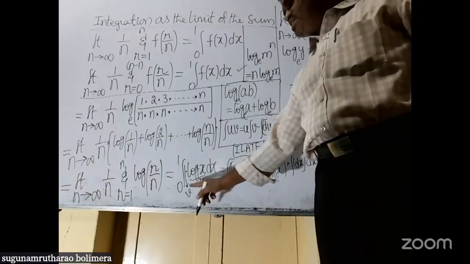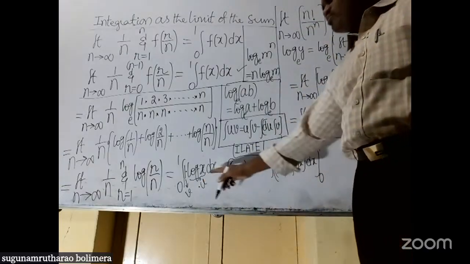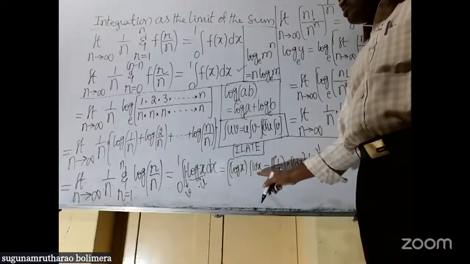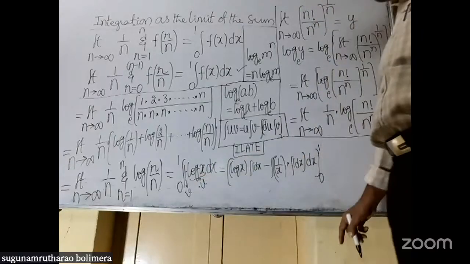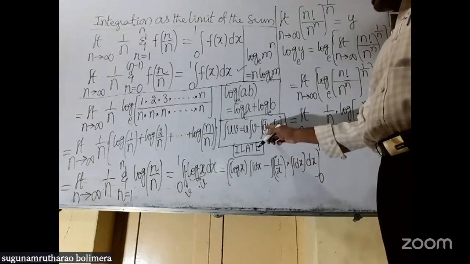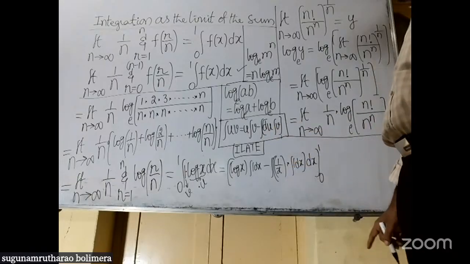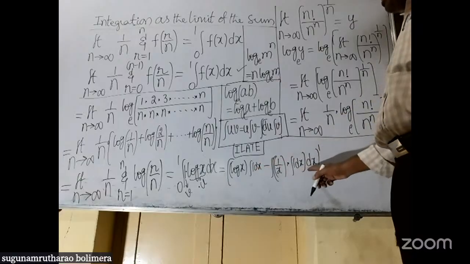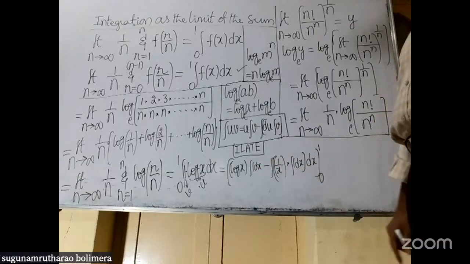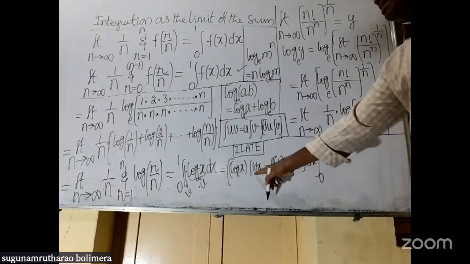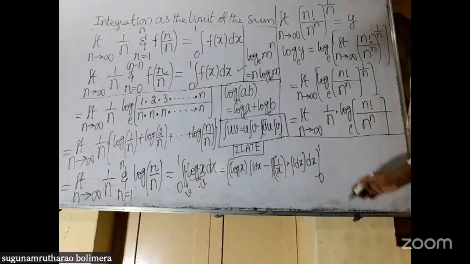U into integral v: log x into integral 1. Next, integral of derivative of u: derivative of log x is 1 by x, into integral 1 dx, overall dx. Integral of 1 dx is x.